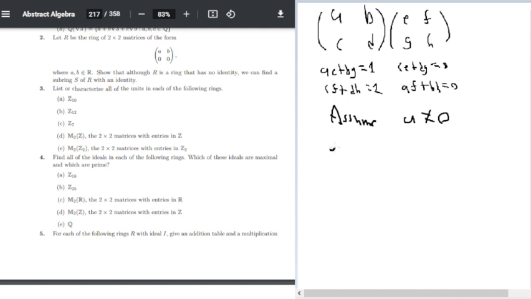This means that we get E is equal to 1 over A minus BG over A. We also get that F is equal to negative BH over A.